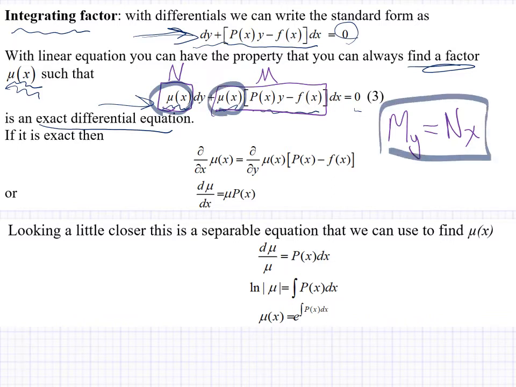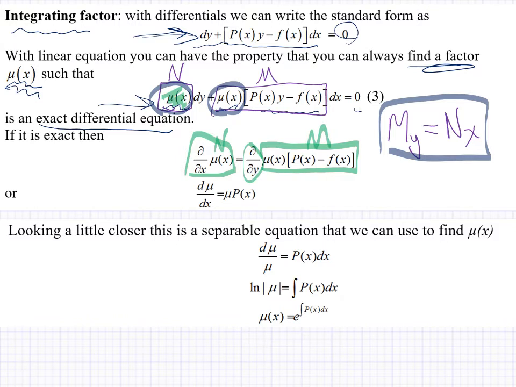Well, if we take the partial derivative of n with respect to x, that would be the partial derivative of mu with respect to x, so that's here. And then if we did the partial of m with respect to y, that would be the partial with respect to y of all this. This was my m. So again, here's n, here's m.